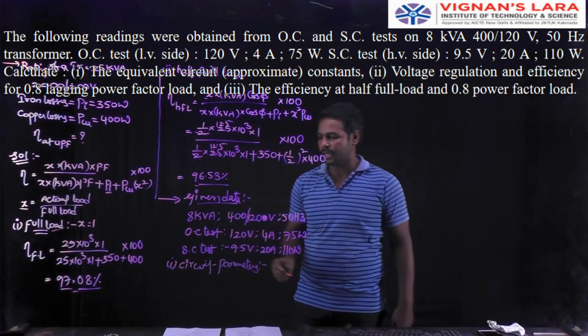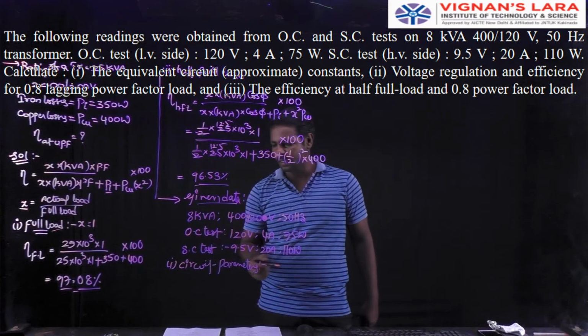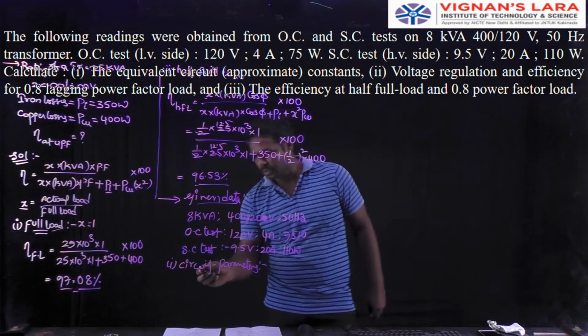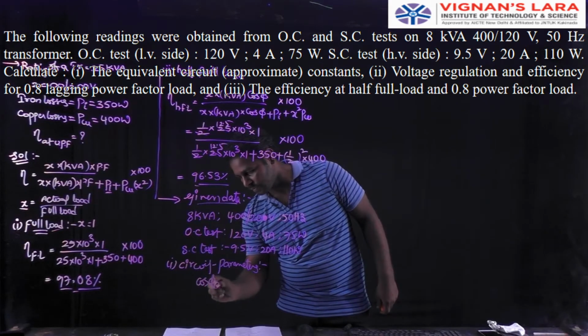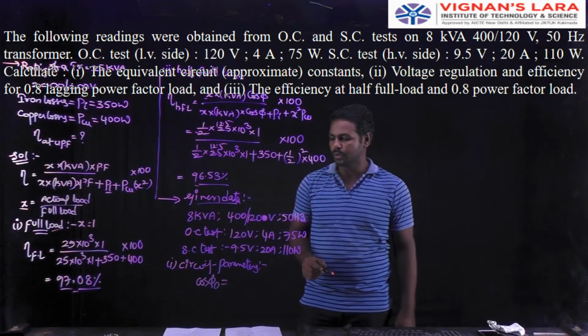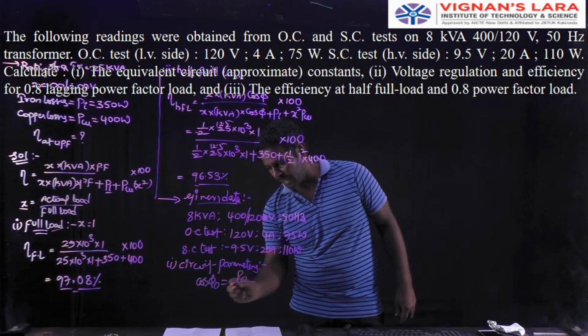Circuit parameters: by using the open circuit test data, we find cos phi naught equal to P naught divided by V naught into I naught.